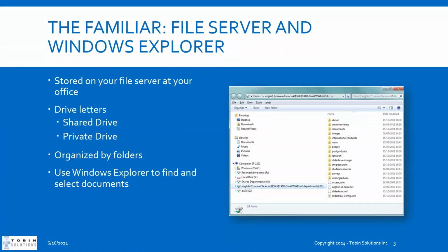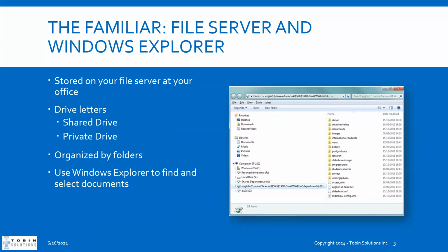For most of you, if you're coming from the world of Windows, from a traditional Windows file server, the picture here, the Windows Explorer should be very familiar, right? You see drives with folders and files, and you have different drive letters sometimes.